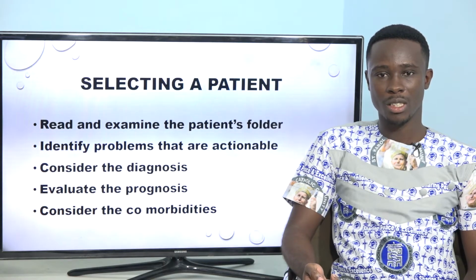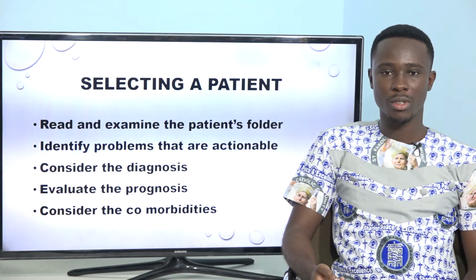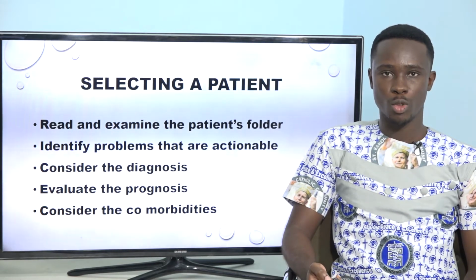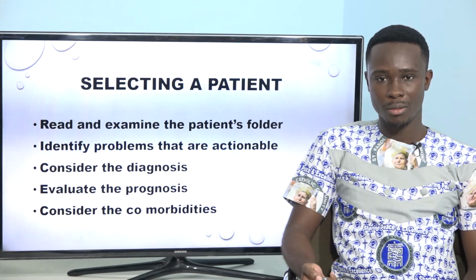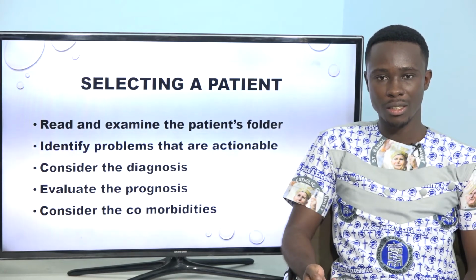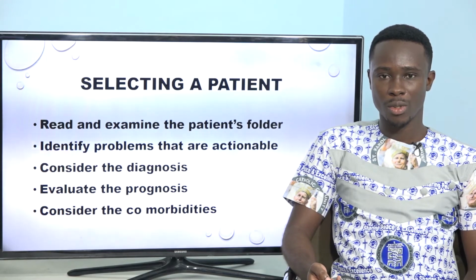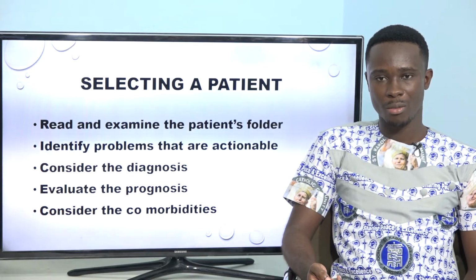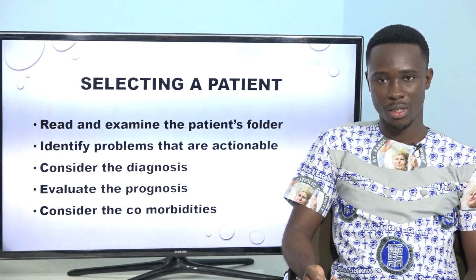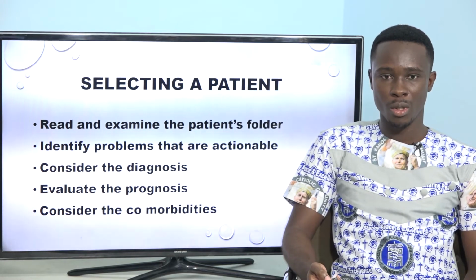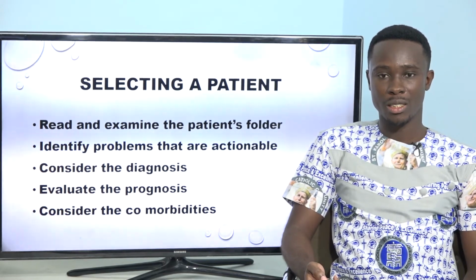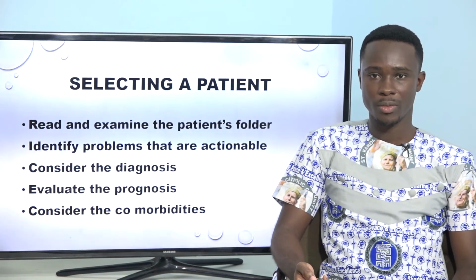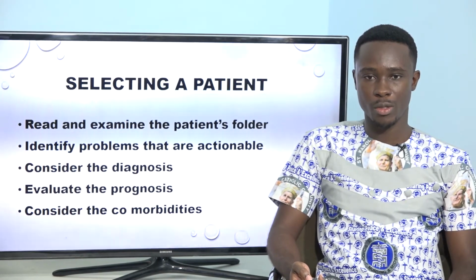But we need a patient that you can dress wounds, do bed baths, feeding through NG or through mouth feeding, oral care, and all that. So when we say action, it is so that you can identify problems of the patient, that you can take care of that patient. That's what we mean by reading and examining a patient's folder, and also getting a patient where you can identify problems that are actionable. So you also have to consider the diagnosis.